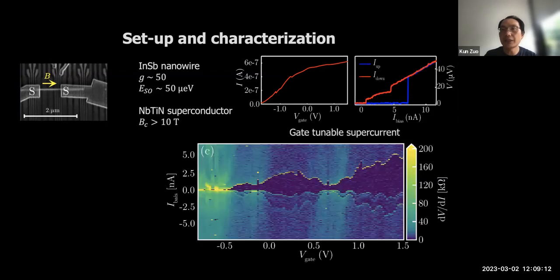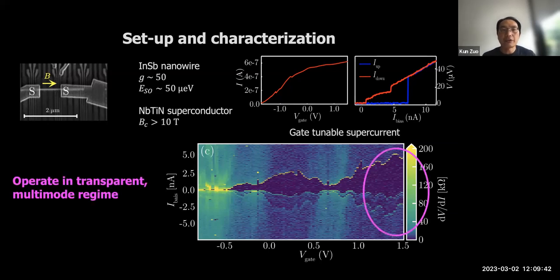And indeed, we measured a supercurrent of around a few nanoamps. Importantly, but not surprisingly, the supercurrent is gate tunable. At around 1.5 volts, we are in the multi-mode, transparent regime where the supercurrent is the largest. That is the major focus of the study we are going to talk about in the next few slides.